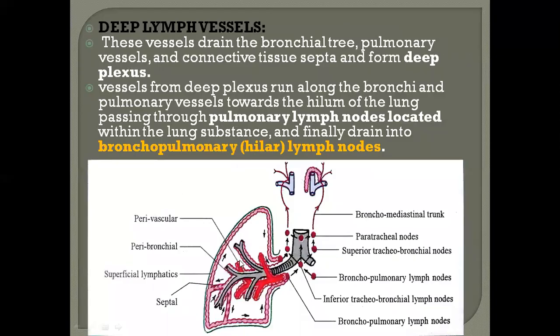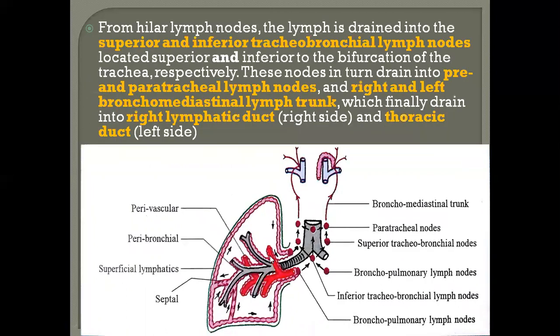Deep lymphatics drain the tracheobronchial tree, pulmonary vessels and connective tissue septa, and they form a deep plexus which runs along the bronchi and pulmonary vessels towards the hilum of the lung, passing through the pulmonary lymph nodes located within the lung substance. Finally, they drain into the bronchopulmonary hilar group of lymph nodes.